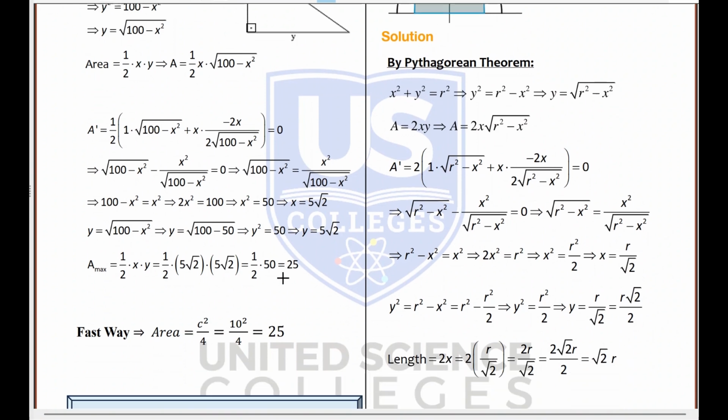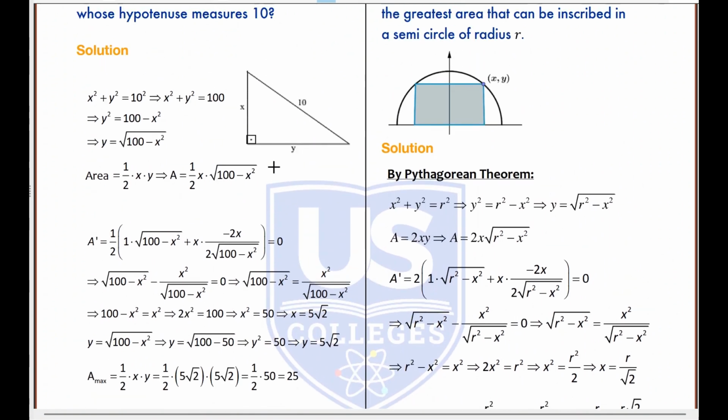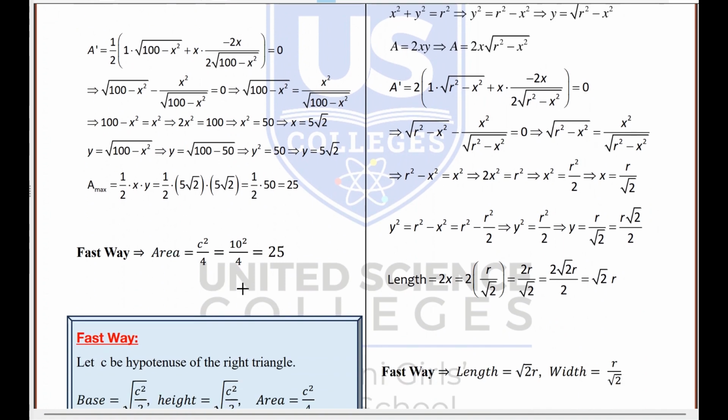So I suggest using a fast way for this type of questions. The fast way for this type is c squared over 4, where c is the hypotenuse. So our hypotenuse is 10. According to the fast way, 10 squared over 4, which will be 25.